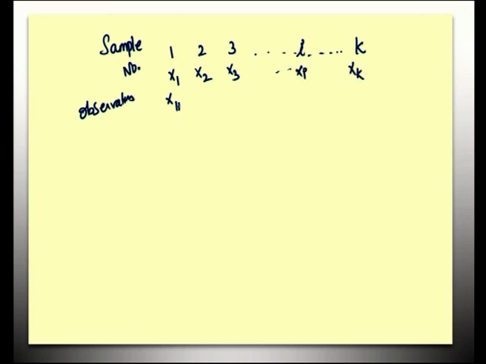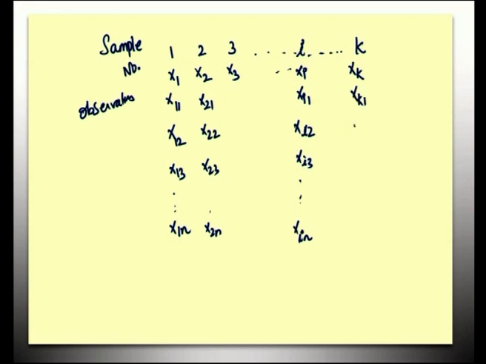So the observations will be x11, x12, x13 up to x1n. Similarly x21, x22, x23 up to x2n. The ith one will be xi1, xi2, xi3 up to xin. Similarly, we can write for the kth sample.